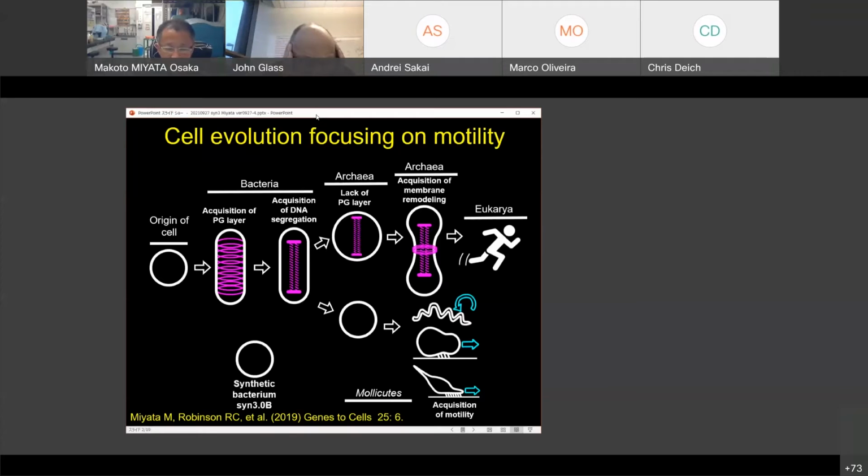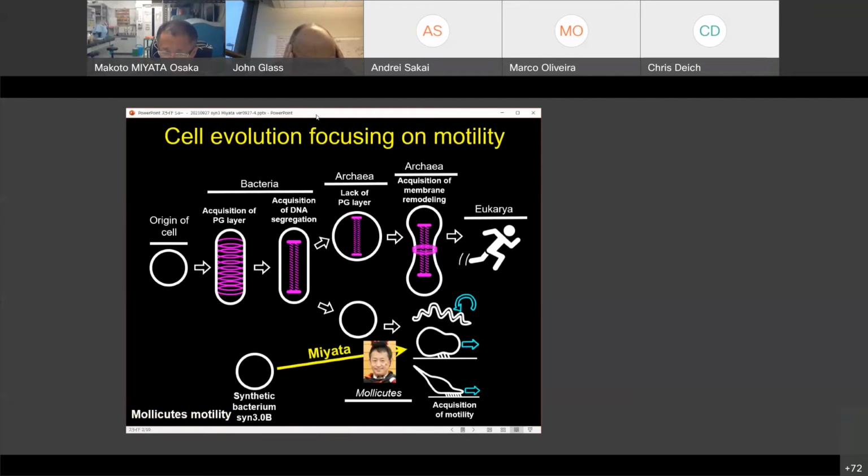We focus on the synthetic cell, the SYN3. We are trying to reconstitute the motility systems of the class Mollicutes. It will be done by our group, and another, Professor Shiomi, is working on the peptidoglycan layer, and another group, Professor Robinson, is trying reconstitution of the membrane.